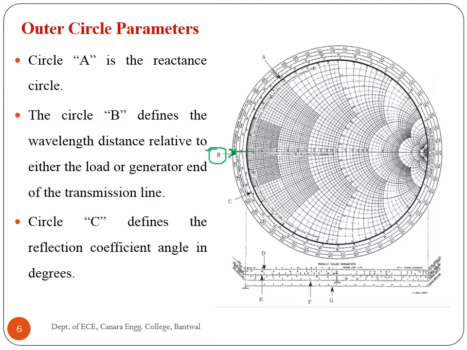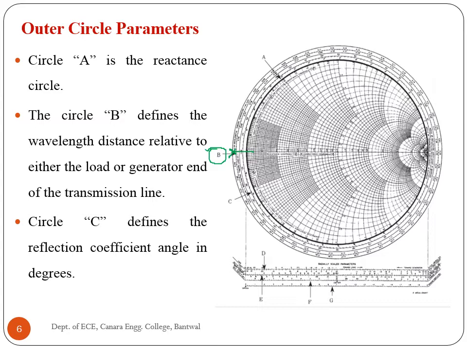Both scales represent 1/2 wavelength for one entire revolution and are calibrated from 0 through 0.50 such that these 2 points are identical with each other on the circle.